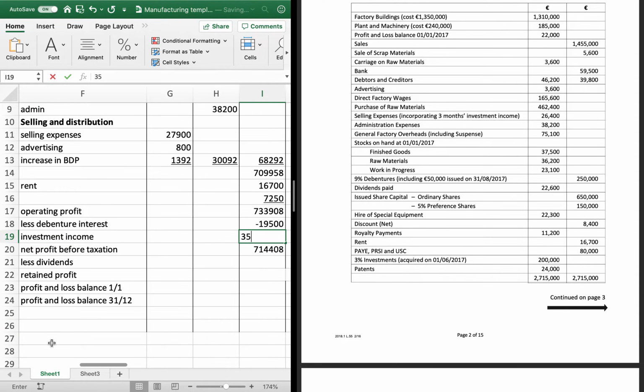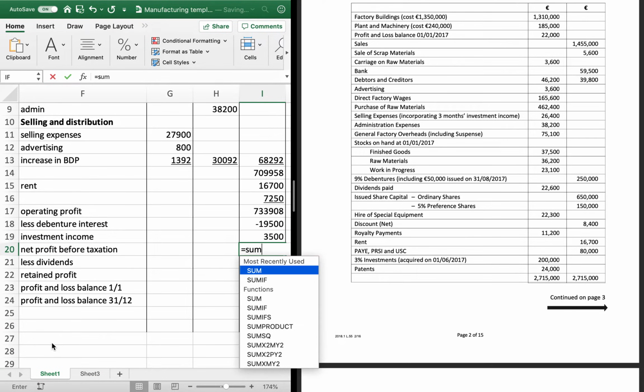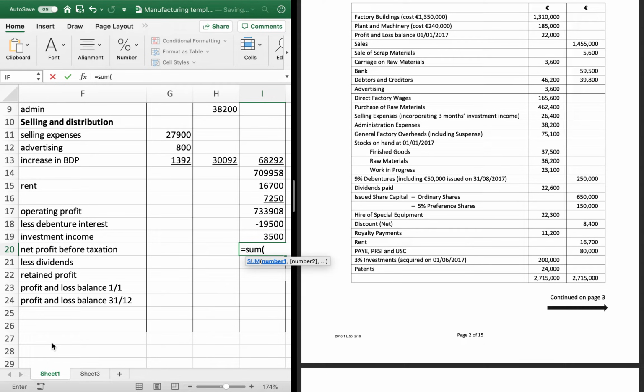That's a plus. So that number is going to be 733,908 minus 19,500 plus 3.5, which is 717,908. I need to take away my dividends, if there is dividends. So there should be dividends if they're a company. Maybe not. Oh, there is, 22.6.